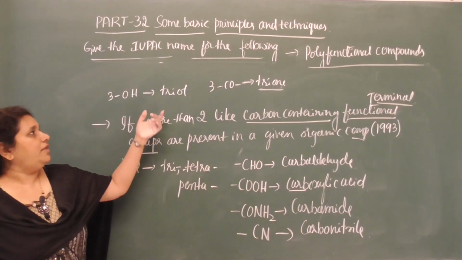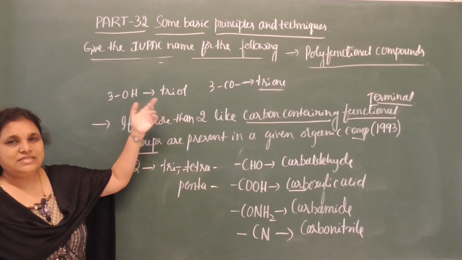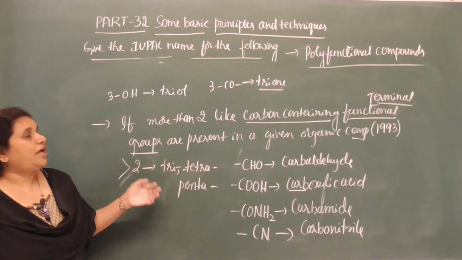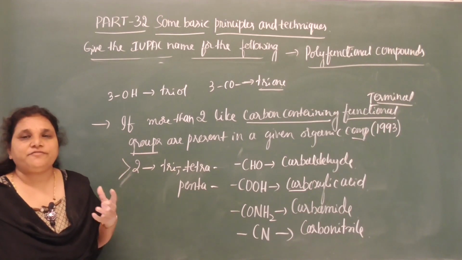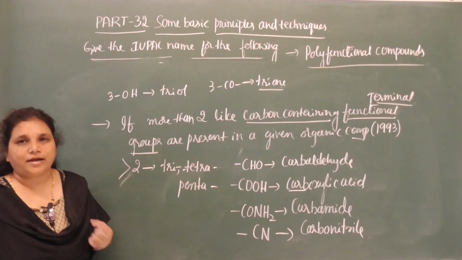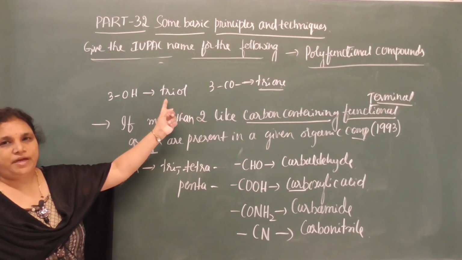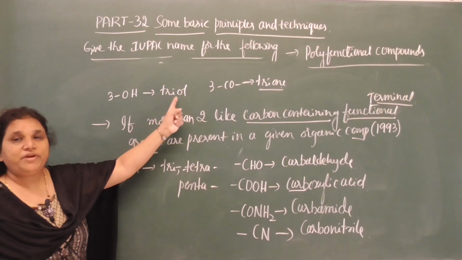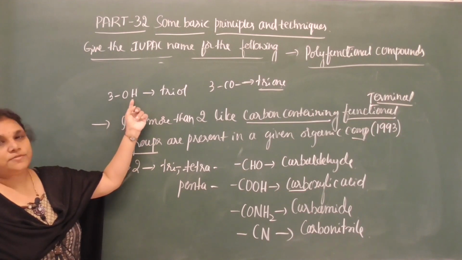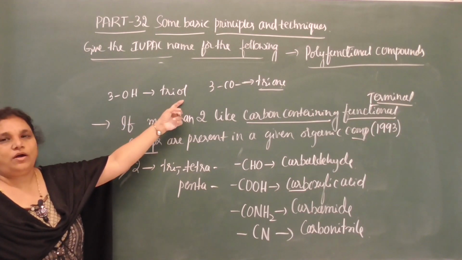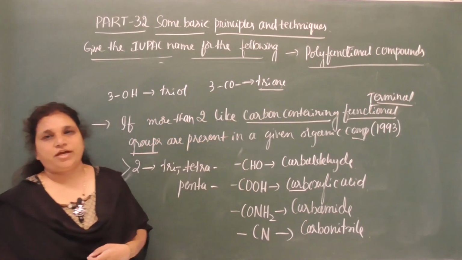Now if more than 2 similar functional groups are present and the functional group does not contain carbon, you just give tri, tetra, penta before the secondary suffix. For example, if 3 OH groups are there, you name it triol along with the positions. If 3 ketone groups are there, you use trione.